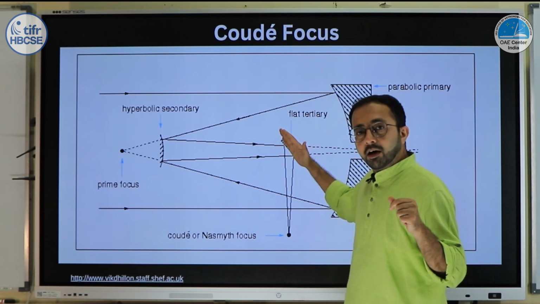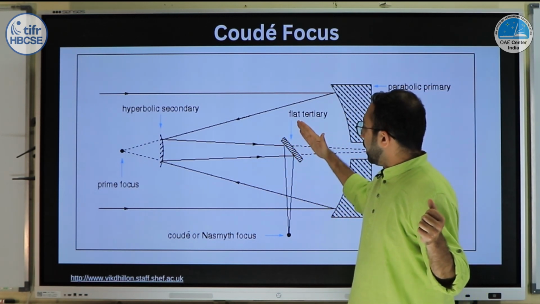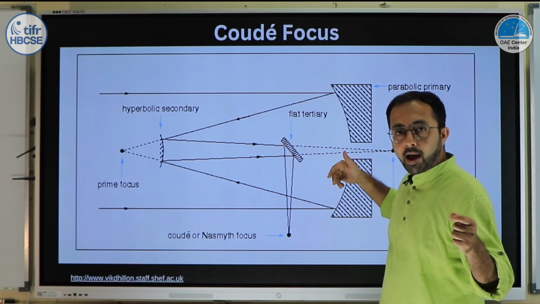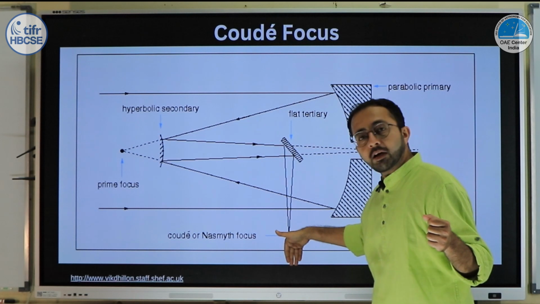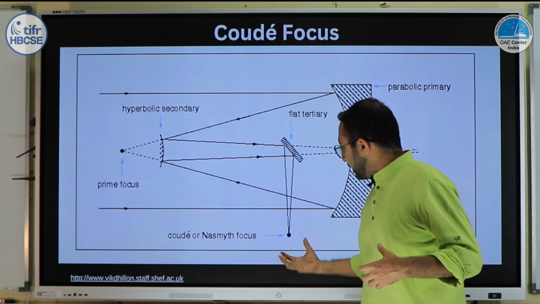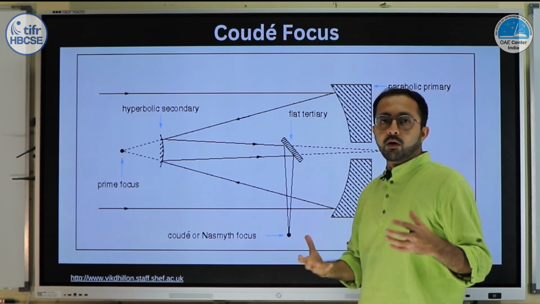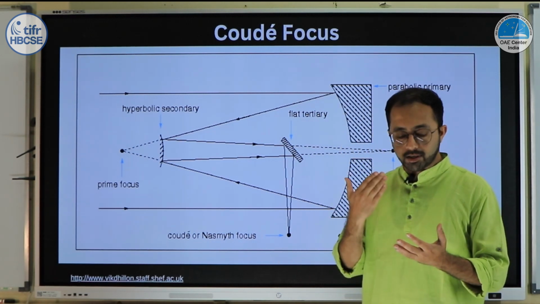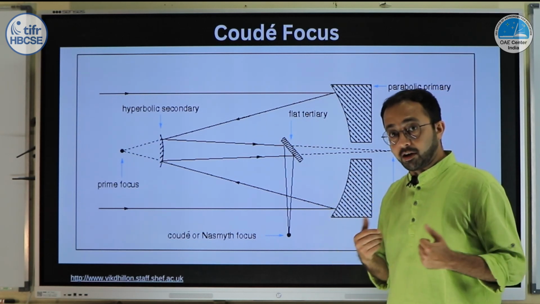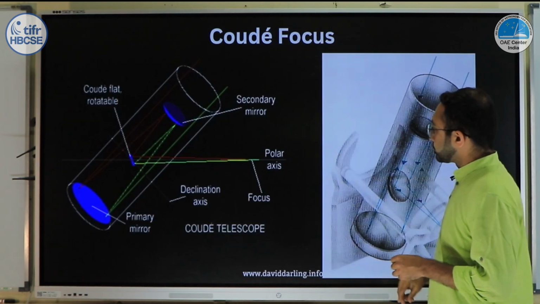You attach a flat tertiary mirror, this is the third mirror now you have, a mirror that I can rotate along a particular axis and push the rays out in the direction I want, and at this particular fixed point I can have my recording devices like CCD cameras and spectrographs, etc. So, this is called the Coudé or Nasmyth focus.